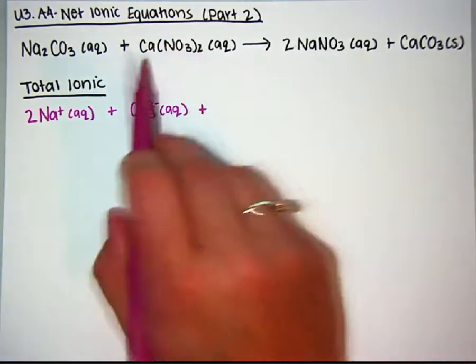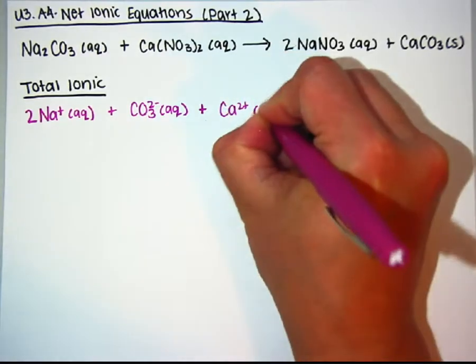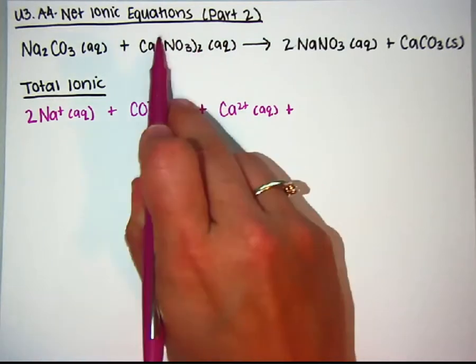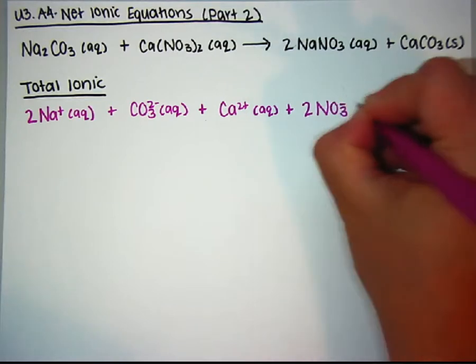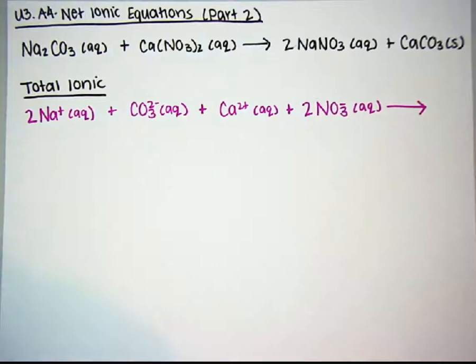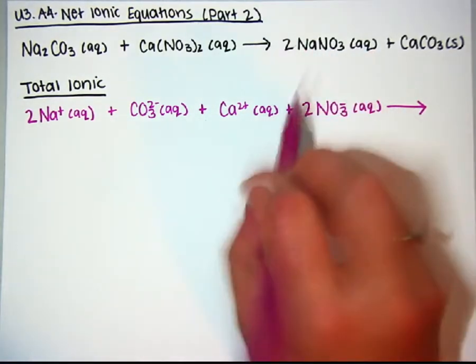Calcium nitrate is also aqueous. It's going to break up into calcium ions. And again, I'm going to take this subscript 2 and pull it forward. I have 2 nitrate ions. On the product side, sodium nitrate is aqueous. It's going to dissociate.